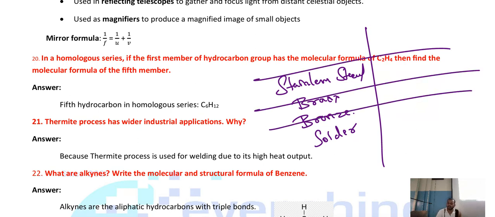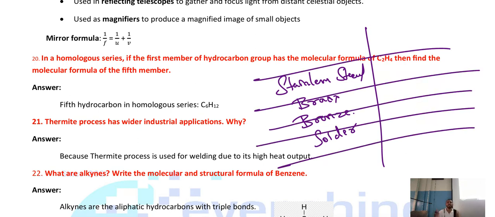What are their constituents? Constituents का मतलब क्या? क्या क्या मिक्स करने के बाद हमारे को स्टेनलेस स्टील मिलता? I'll give a logic. Stainless steel. स्टील क्या है बेटा? घट्ट है, वजन है, हार्ड is स्टील.